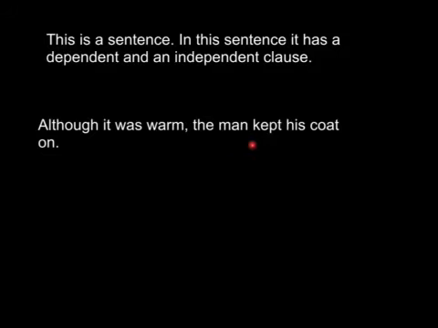The man kept his coat on would make sense by itself. It is independent, it is strong, it does not need anything else to make sense. Although it was warm is dependent, it is relying upon this part to make sense. Dependent clauses normally start with a subordinate conjunction, although is an example of one of those. Click on the next page and we'll visit some more.